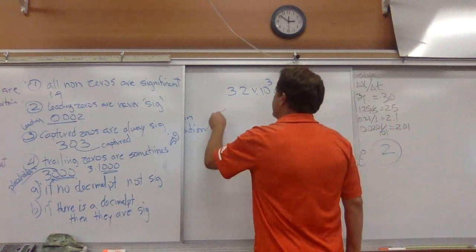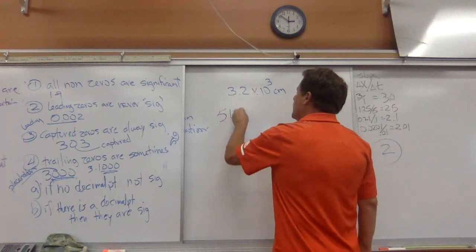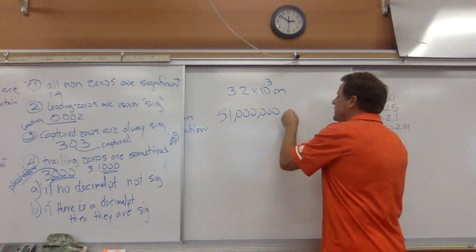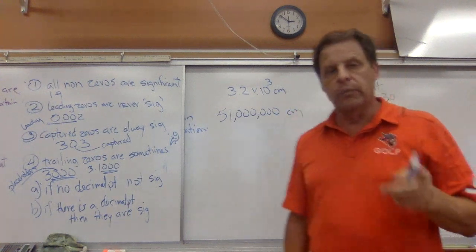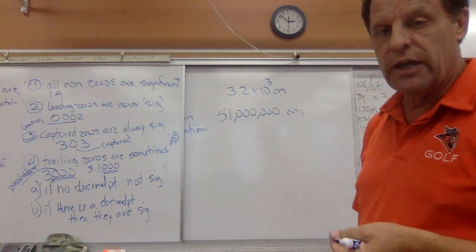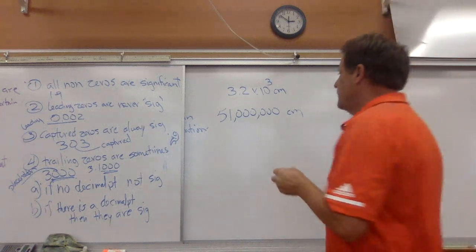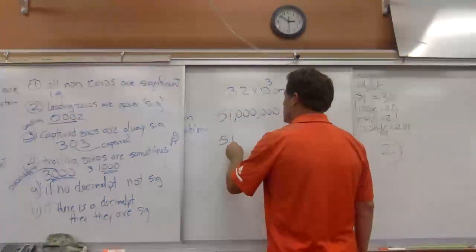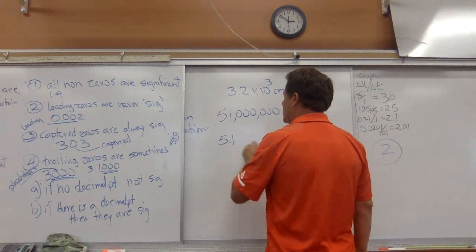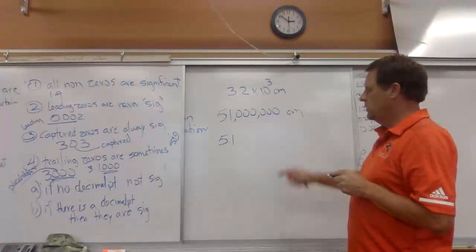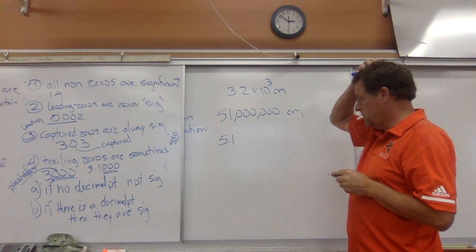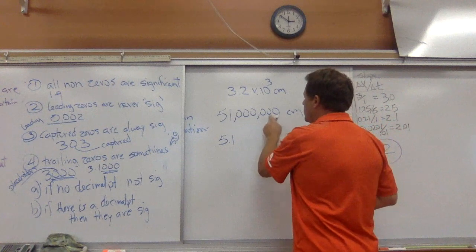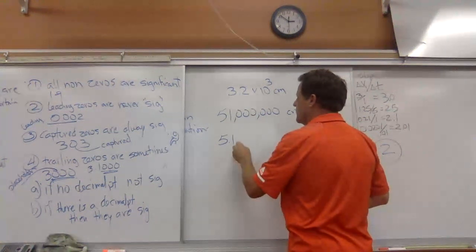Okay, well, what if we have 51 million? If we had 51 million centimeters and we wanted to change that into scientific notation, we're going to say 5.1, and it's really going to be 1, 2, 3, 4, 5, 6, 7.